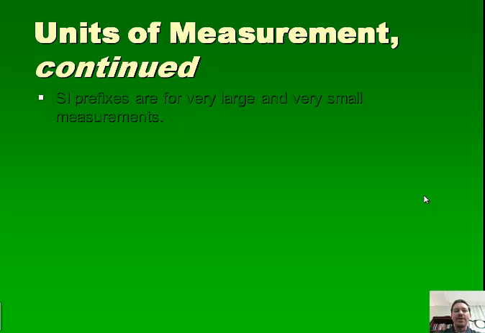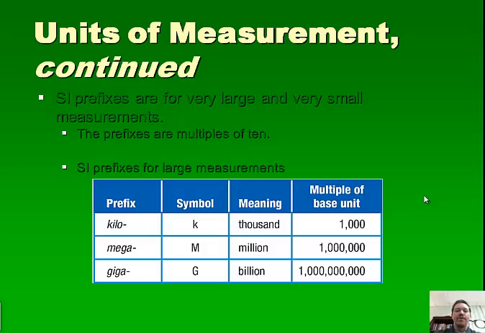So SI prefixes are used for very large and very small measurements. We saw these on the previous slides already, like milli, centi, kilo, and we use these in multiples of 10. So we've got the SI prefixes for larger measurements. Kilo is used with a lowercase k, and means 1,000.